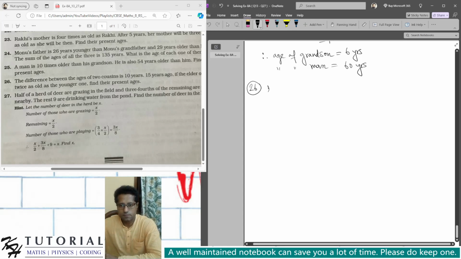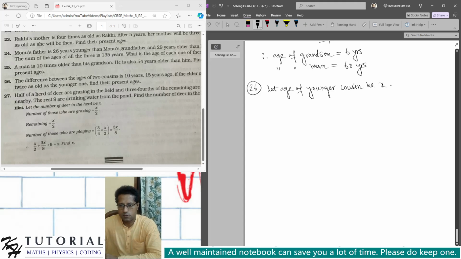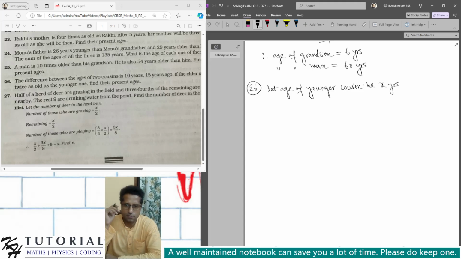So let the age of the younger cousin be x years.